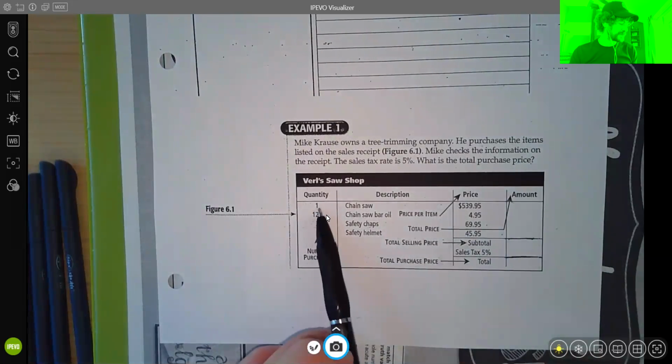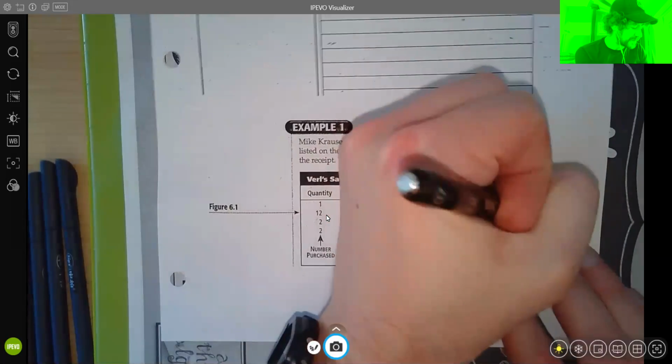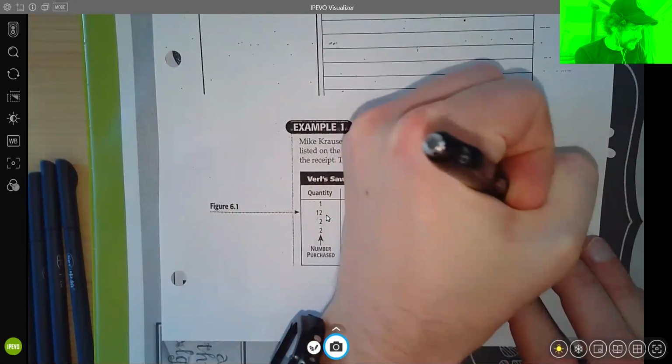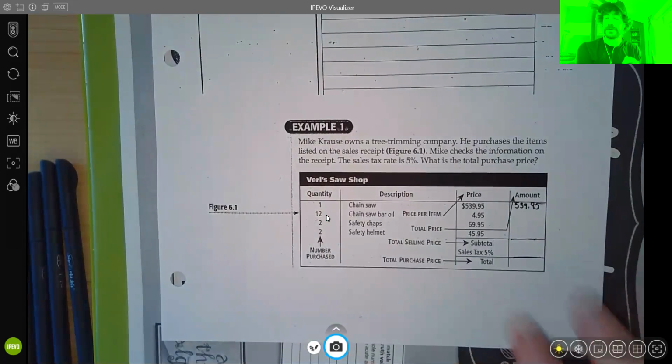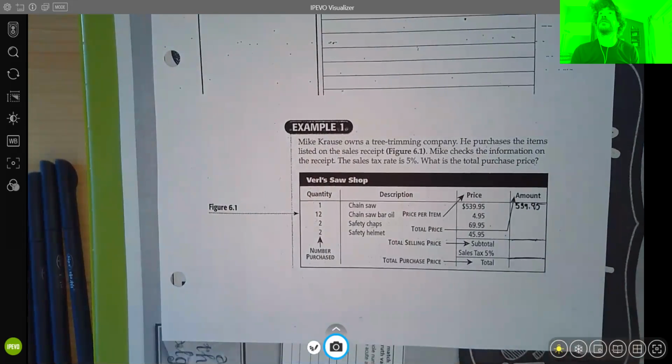So one chainsaw was purchased for $539.95. So that just stays $539.95. No difference there. There were 12 quantities of chainsaw bar oil for $4.95 each.